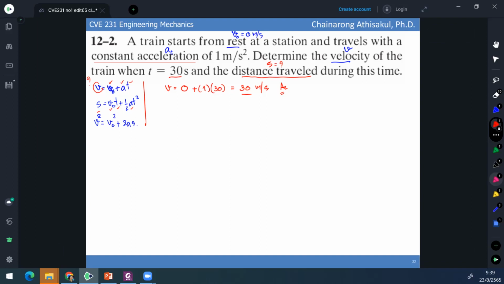So we can use this equation, that is s equal to v0 t plus a half at squared. And v0 is 0, and then it becomes a half, a is equal to 1, t equal to 30 squared. That becomes 450 meters. That is the second answer.